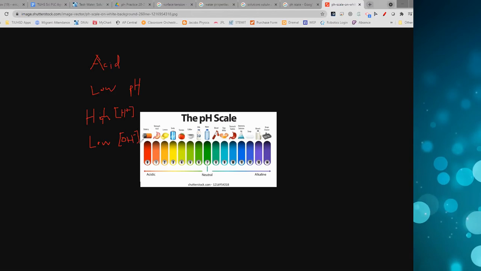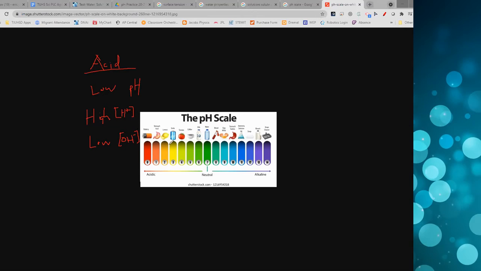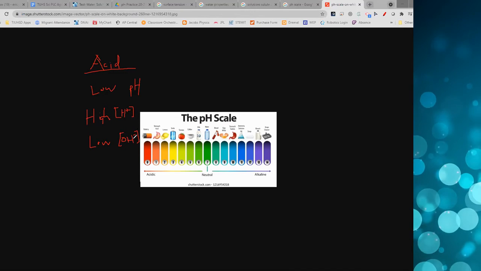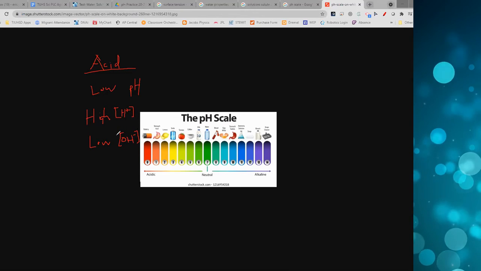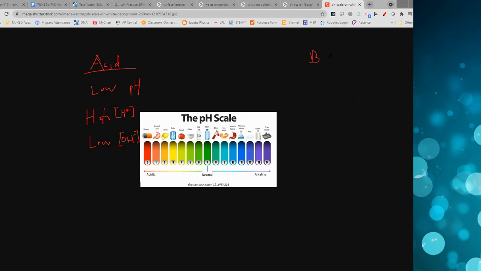Remember, OH minus is hydroxide, H plus is hydrogen ion. So those are acids. The lower the pH, the higher the H plus concentration, the lower the OH minus concentration, and then bases are just the opposite.